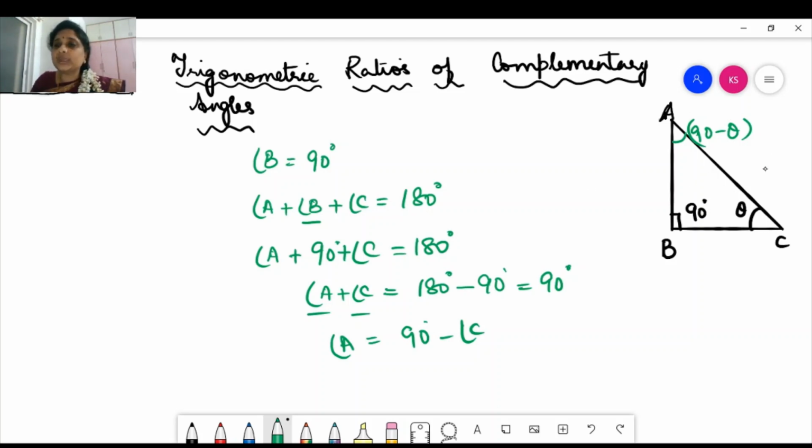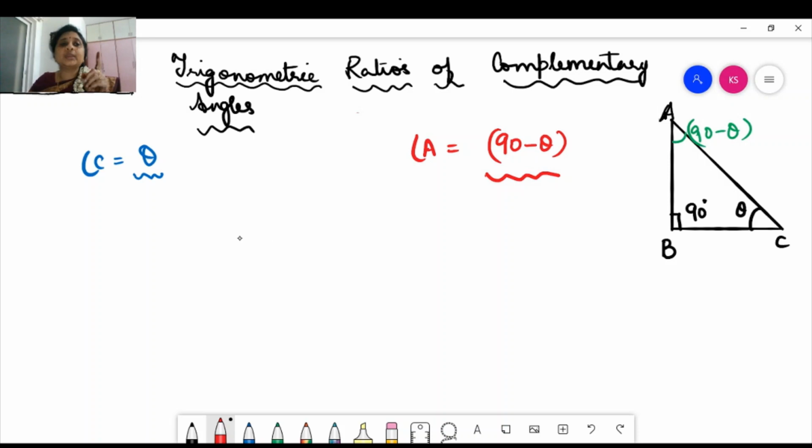With this, we'll quickly move on to find the trigonometric ratios of these two complementary angles. Angle C, that's theta, and angle A, that's 90 minus theta. Before we move on, let's have one thing very clear in our mind.